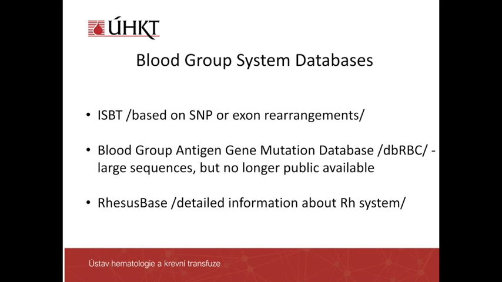Then there is a larger database containing larger sequences, but there is a problem with public availability, this is the Blood Group Antigen Gene Mutation Database. And finally there is a very good database for the RH system called RhesusBase, with detailed information about RHD and RHCE genes and alleles.